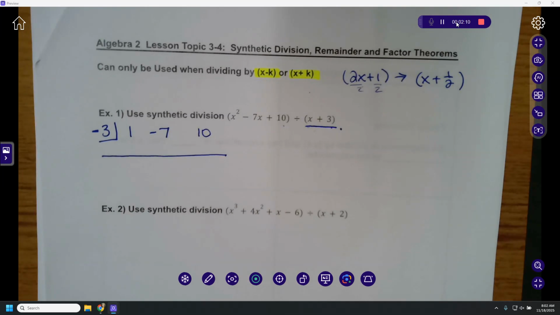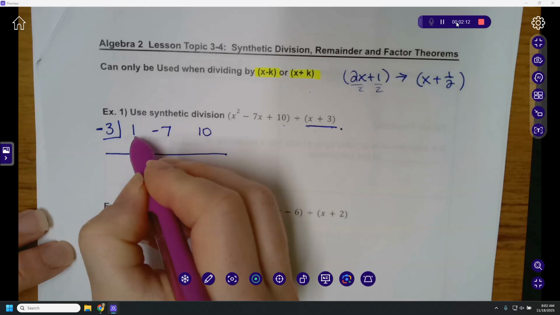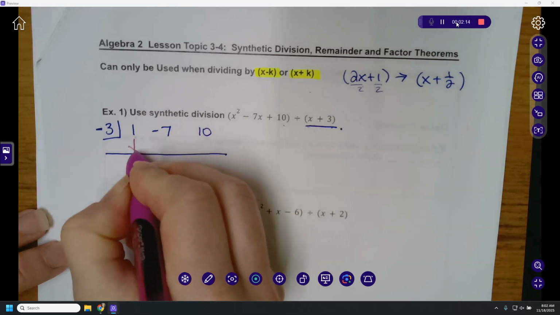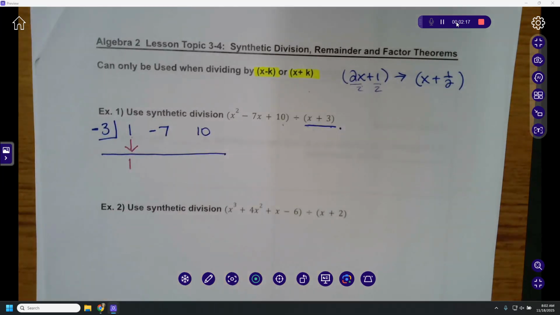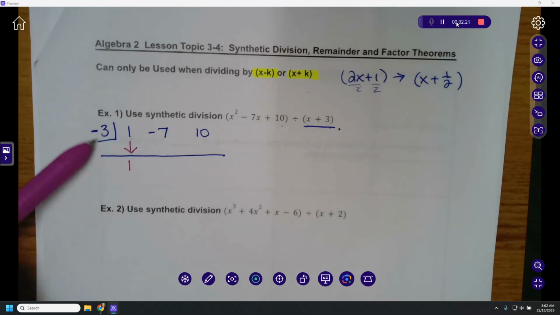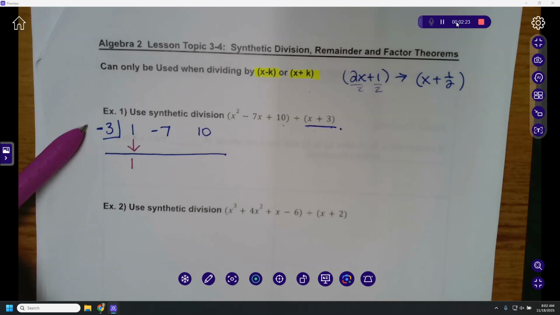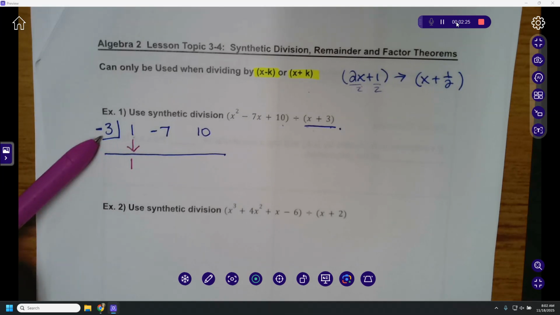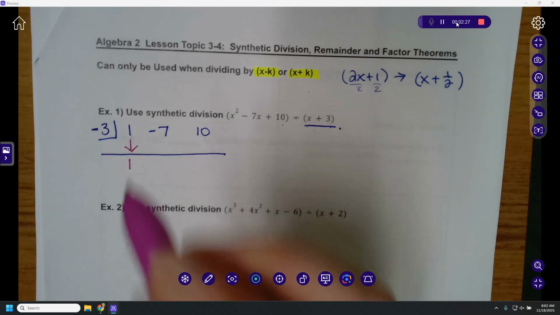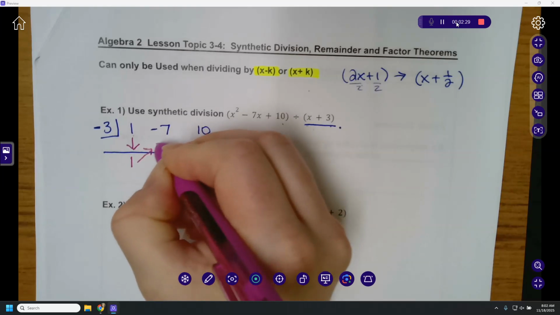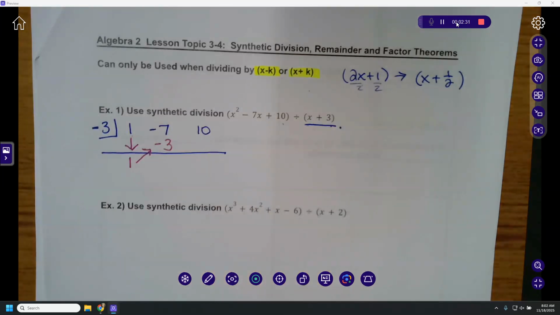To start the division, we drop down the first term, which was a 1, and put it below the line. Then we take what's below the line and multiply by what's in the box. What's 1 times negative 3? Negative 3, we put that in the next spot. Now we add.